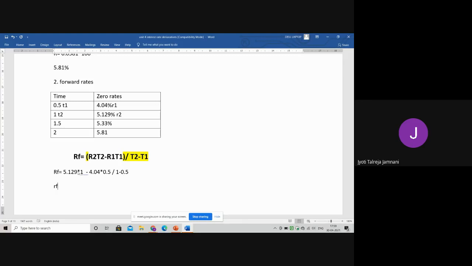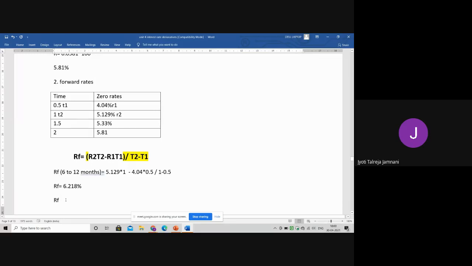RF is equal to how much did you say? 6.218. That is for 6 to 12 months.